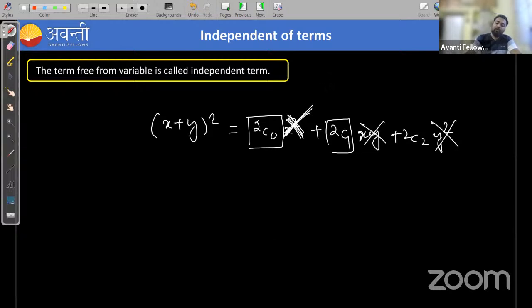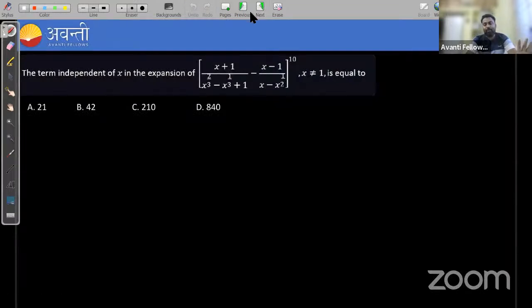Okay, you can solve one question also. You can take a screenshot of this question as your homework. Here it is asked to find the term independent of x in the expansion.